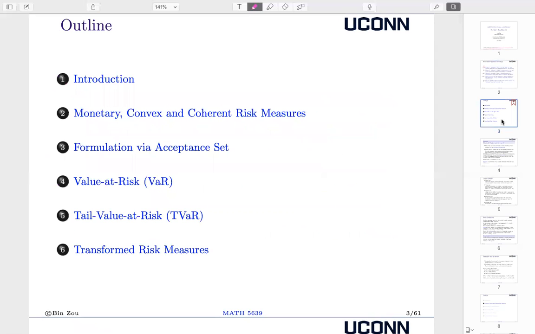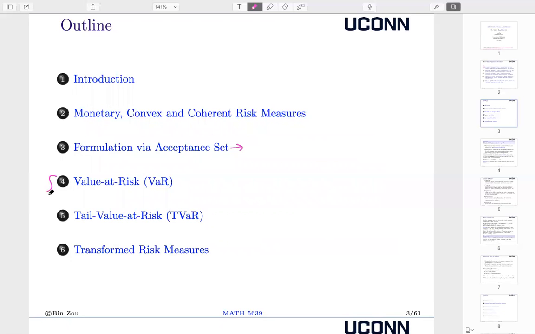So here is a quick outline. In this video, I will do section 1 and section 2, basically laying down the foundation of risk measures. Section 3 is optional. It's a mathematical concept which helps us formulate things in a nicer way.